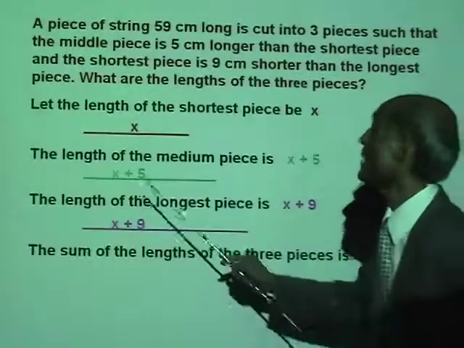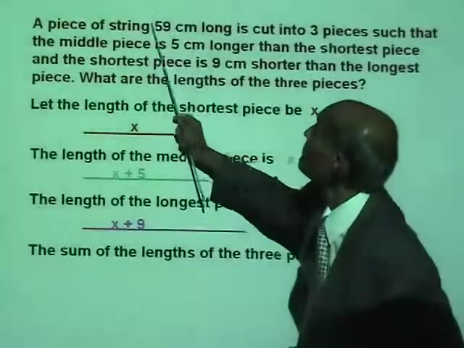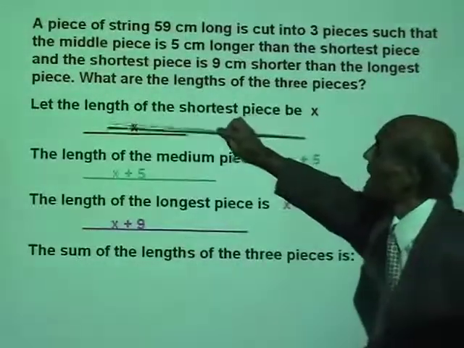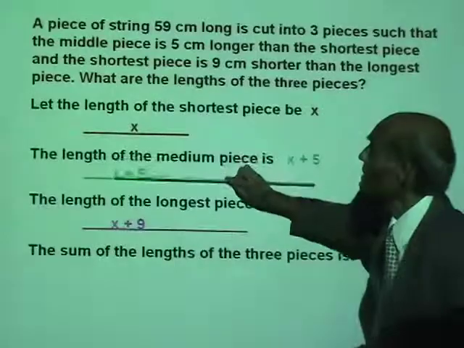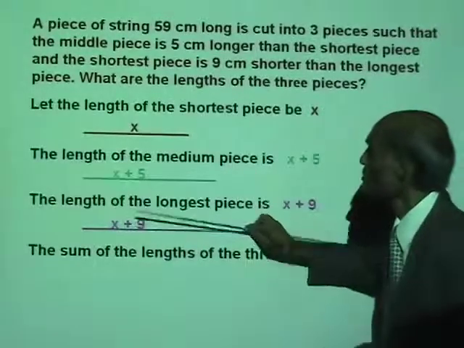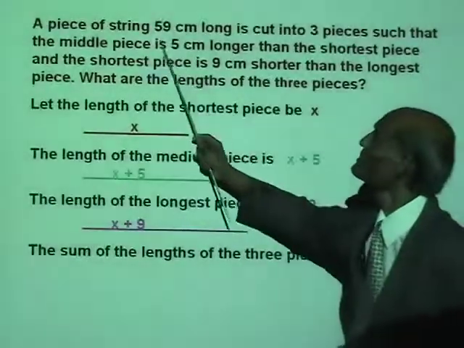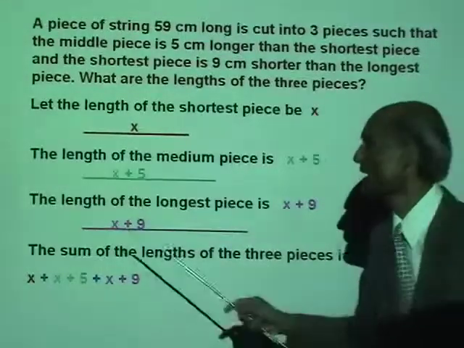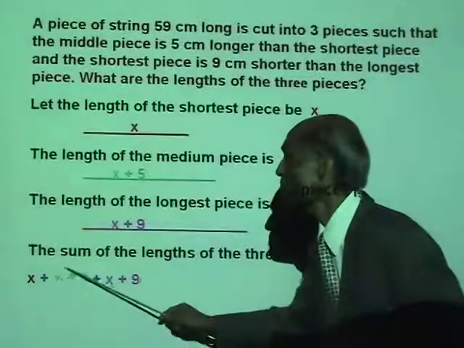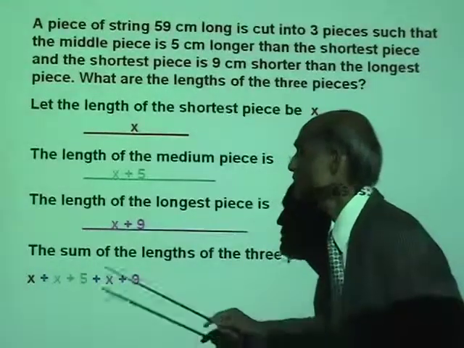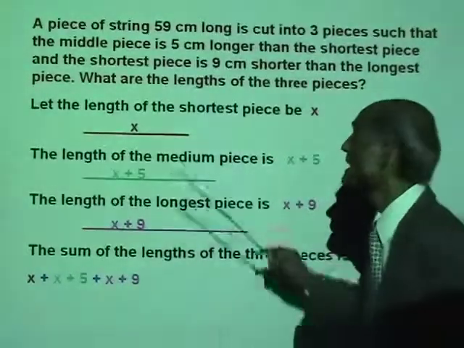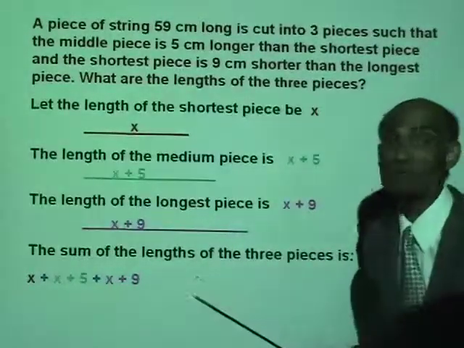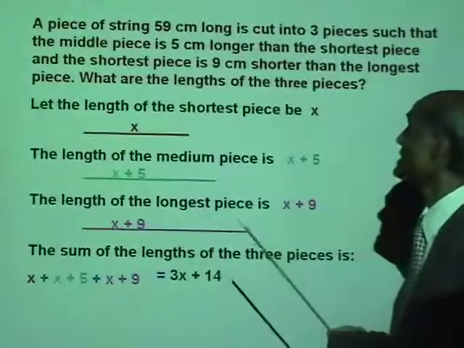Alright. Now, what does it say? The length of the string is 59 centimeter. That means if you add the shortest to the middle to the longest, it must be equal to 59 centimeter. Look at the way we created the equation. x plus x plus 5 plus x plus 9 is the sum of the 3 lengths, and that must be equal to 59.